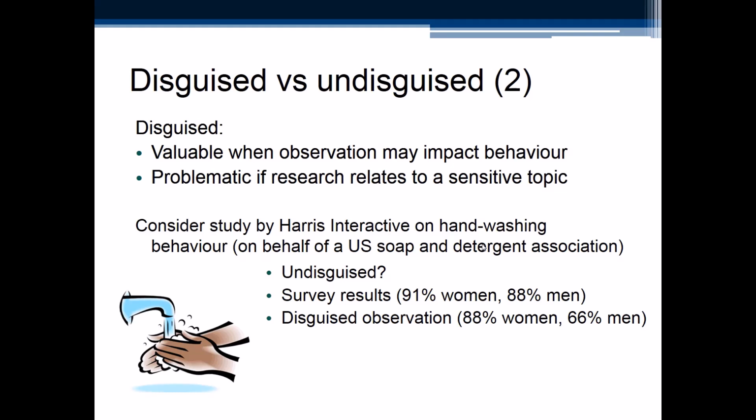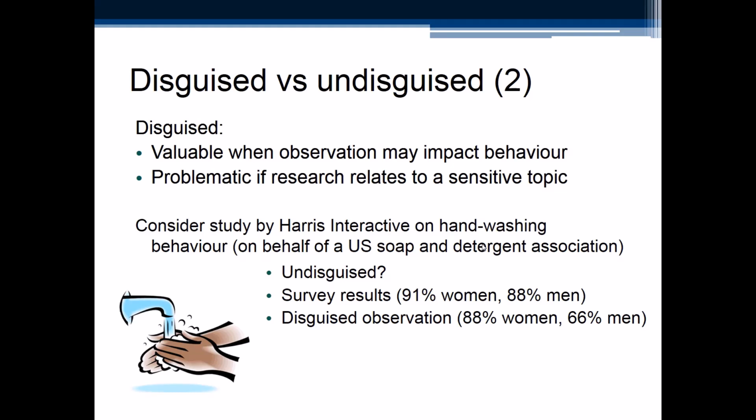So that's a big drop for guys who say that they're washing their hands, but when Harris Interactive conducts their disguised observation, they show that a much smaller proportion of men are actually washing their hands. So it helps to show the difference between asking outright and using disguised observation.